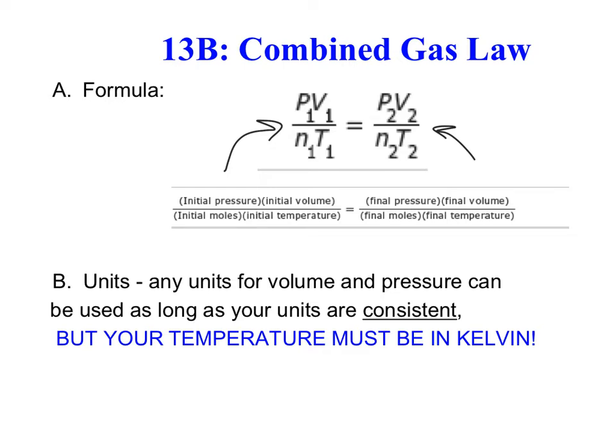So temperature must be in Kelvin, but everything else can be any units you want as long as they match before and after. So if you start in atmospheres, you must end in atmospheres. If I give you one of the units in atmospheres and the other one in millimeters of mercury, you need to convert one to match the other one. It doesn't matter which one you convert to. You could convert your atmospheres to kPa, to millimeters of mercury, or your millimeters of mercury to atmospheres. It literally doesn't matter as long as they match.